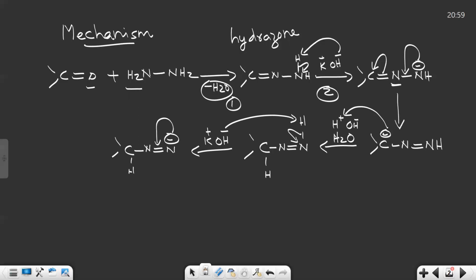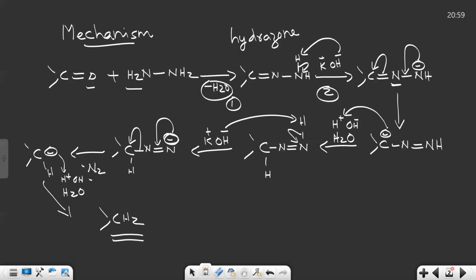When this negative charge shifts, this bond breaks and moves back to carbon. And when this negative charge on the nitrogen atom shifts, you will get nitrogen triple bond nitrogen. That means nitrogen gas gets removed from there, and the resulting compound will be carbon with a negative charge and with a hydrogen atom. Now again, it reacts with another molecule of water. Water gets ionized to form H+ and OH-, and this negative charge attacks H+, and you will get CH2.